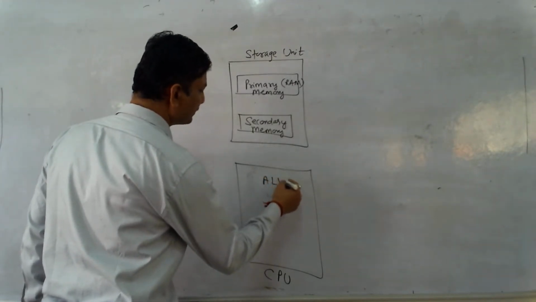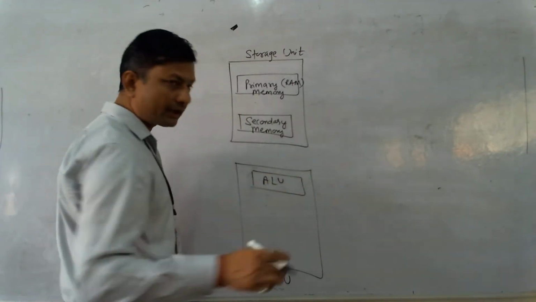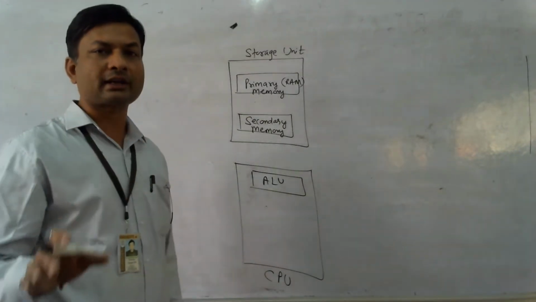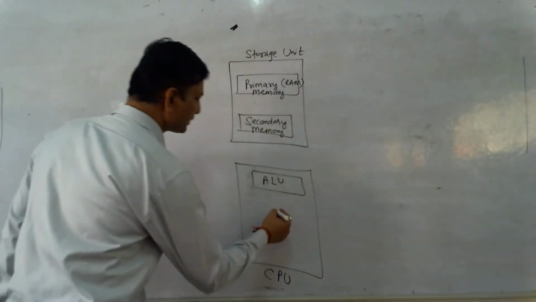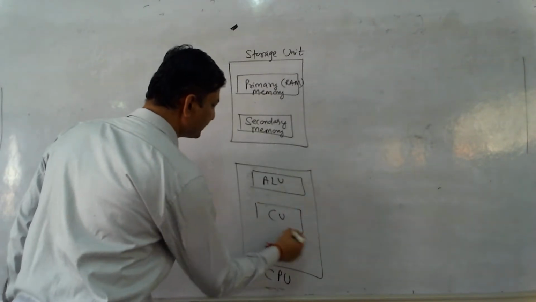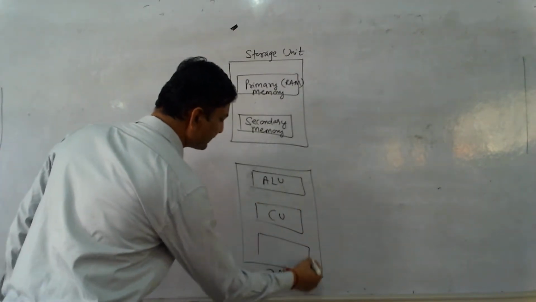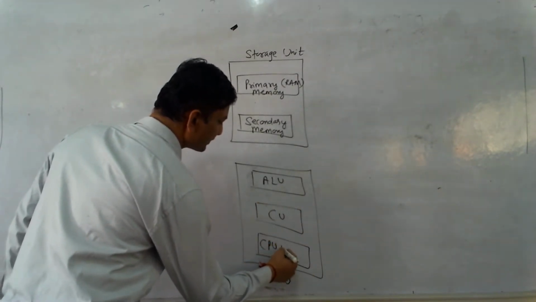First part is ALU, where all the arithmetic and logical calculations take place. Second part is the control unit, CU, and third part is CPU registers.